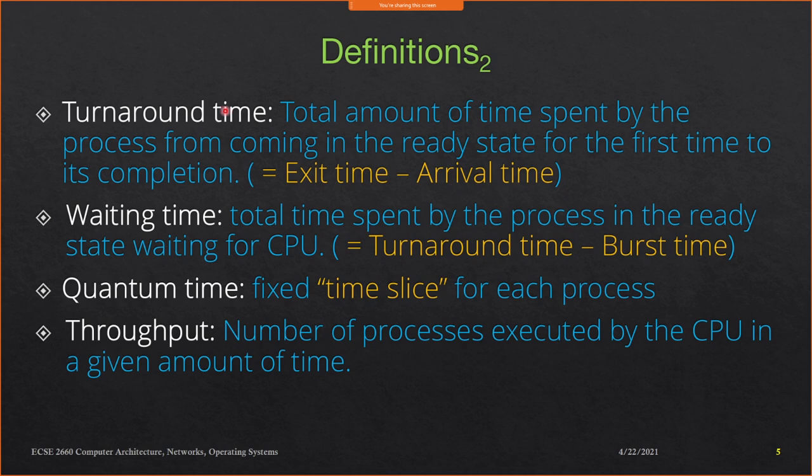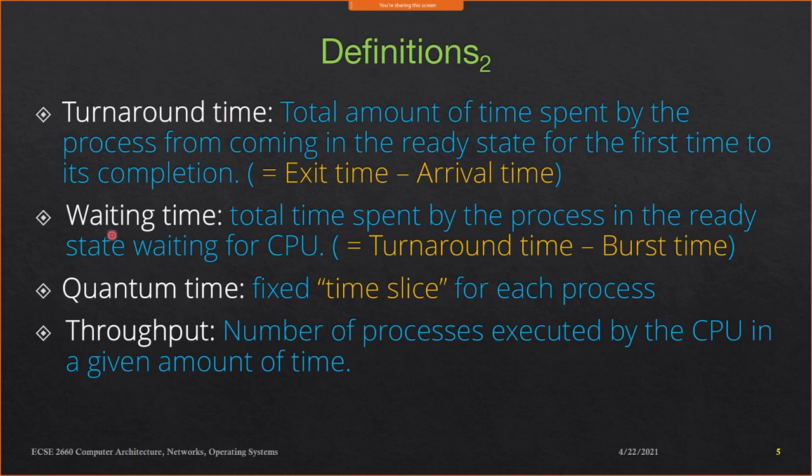In other words, this is the time a particular process spends either running or waiting. Both those times combined are the turnaround time. You can also calculate it as simply exit minus arrival, end minus start, or stop minus start.